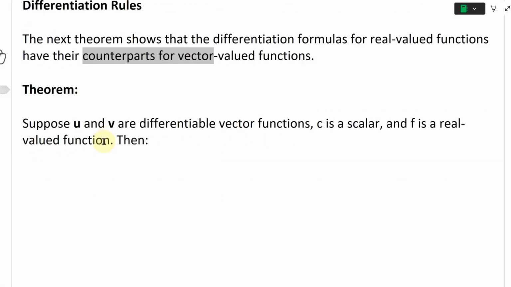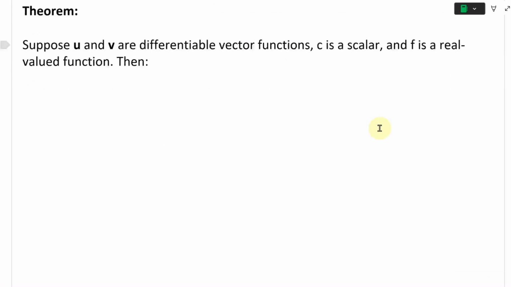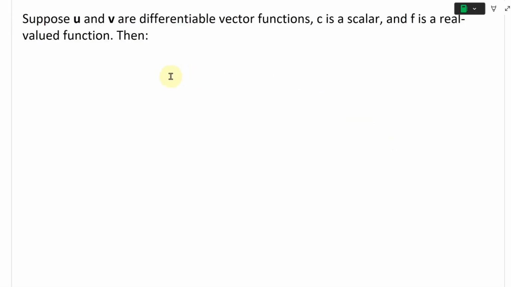Here's a theorem. Suppose u and v are differentiable vector functions, c is a scalar, and f is a real valued function. Then, and I'm going to list them all here, and I'll also show a screenshot of my calculus book for more concise typing.